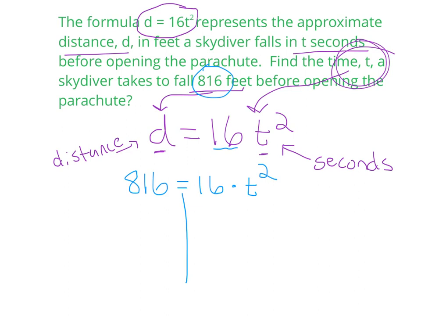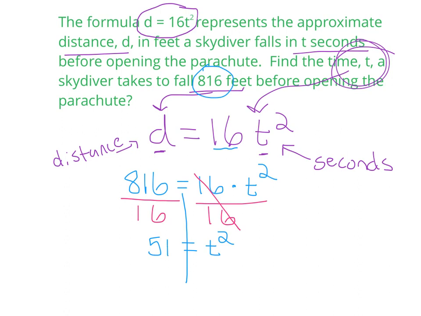So instead of multiplying by 16, to get rid of it, I'll have to divide by 16. Whatever I do to one side, I have to do to the other. Divide by 16. All right, let's bring down what's left over. On the right side, I still have t squared equals 816 divided by 16 is 51.